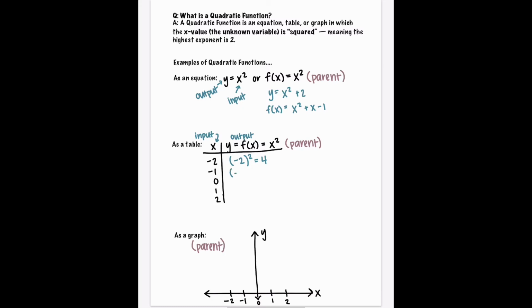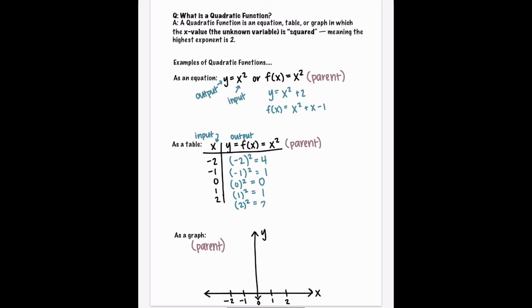If we repeat this process for each input, or for each x value, let's see what our table would look like. Negative 1 times negative 1 is positive 1. 0 times 0 is 0. 1 times 1 is positive 1.